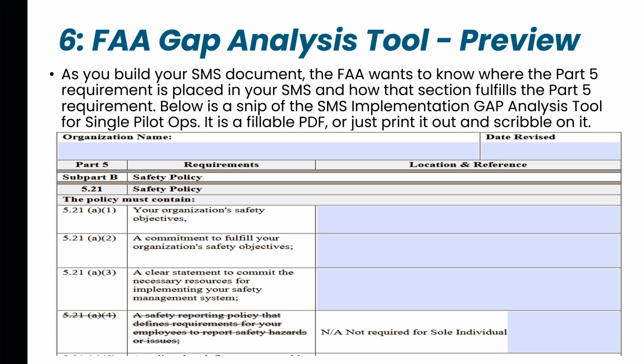Eventually, one spot has to be where it is located in your SMS, and the reference. So it's however you number or parse out the paragraphs in your SMS that you're going to build, like paragraph A, subparagraph B, A.B, just like the way the FAA and government write manuals.